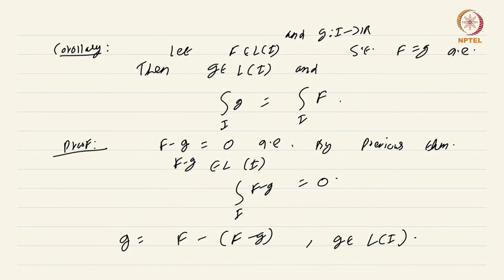And moreover the integral of g over I would be just the integral over I of f minus the integral over I of f minus g, which is just the integral over I of f as claimed. So this completes the proof that whenever you have a Lebesgue integrable function which agrees with some other function almost everywhere, then that function is also Lebesgue integrable and has the same integral value.